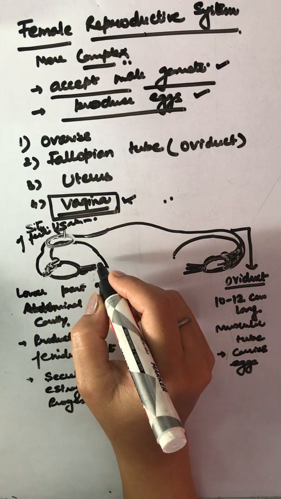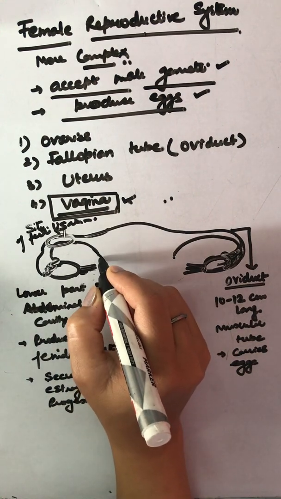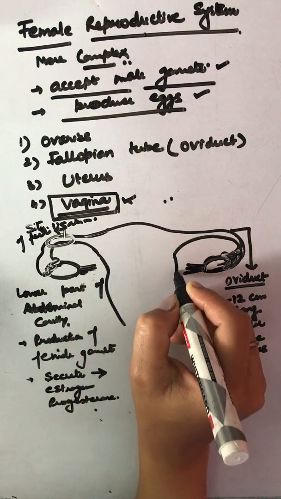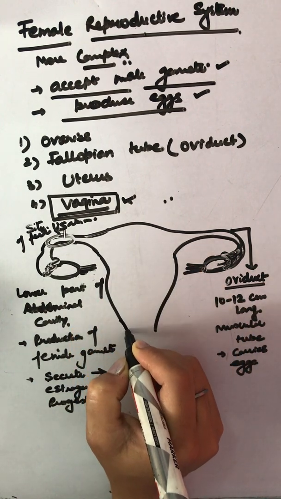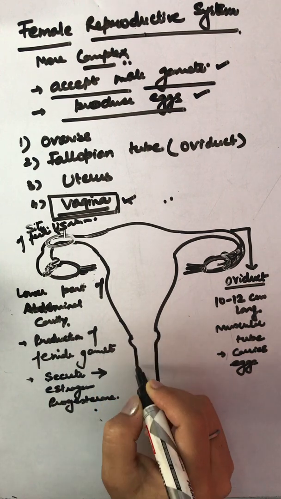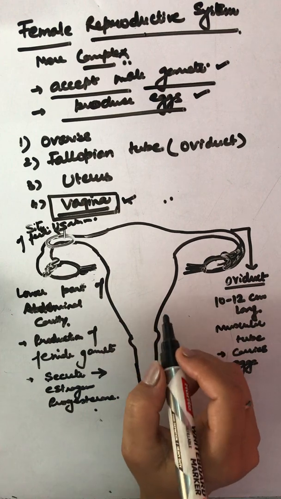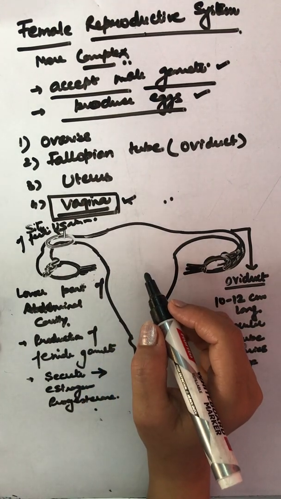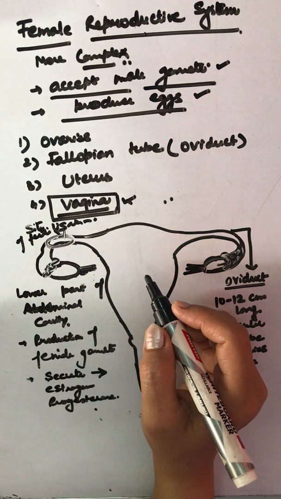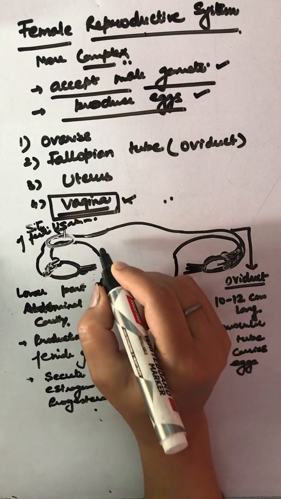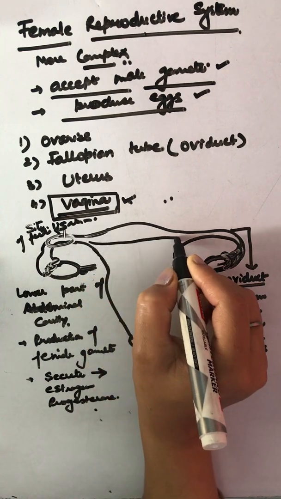It opens into a bag-like structure which looks like an inverted pear, and we call it the uterus. The main thing about the uterus is it lies behind the bladder, and whenever fertilization takes place, the embryo gets attached to the uterine wall.